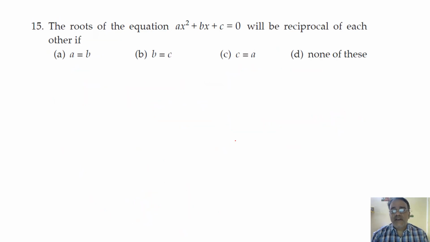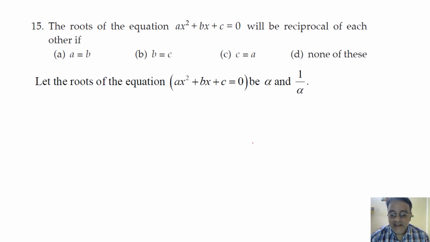The roots of the equation ax square plus bx plus c equals 0 will be reciprocal of each other if dash. So first we will take the roots are reciprocal. Then whatever the condition we are getting, we have to select the correct option. So let the roots be alpha and 1 upon alpha. Now what is the product here?